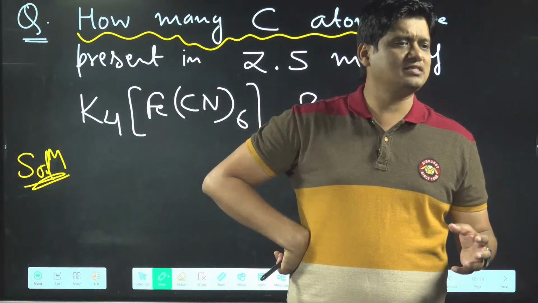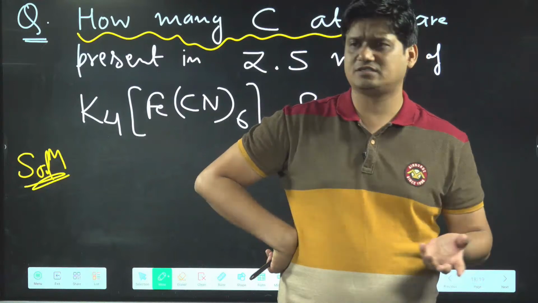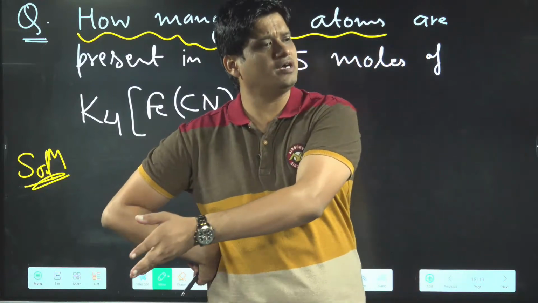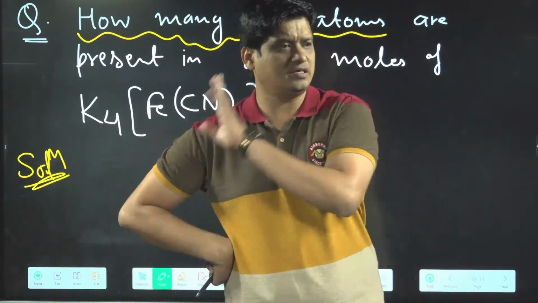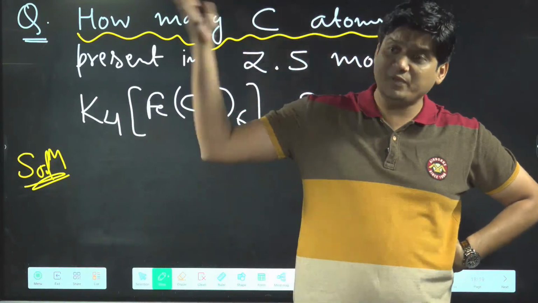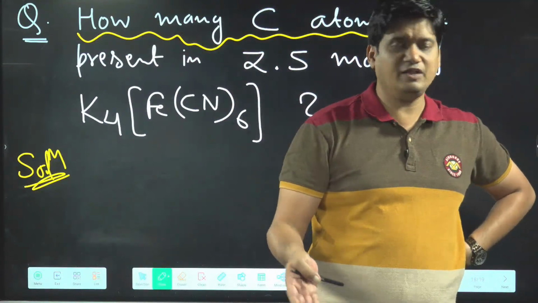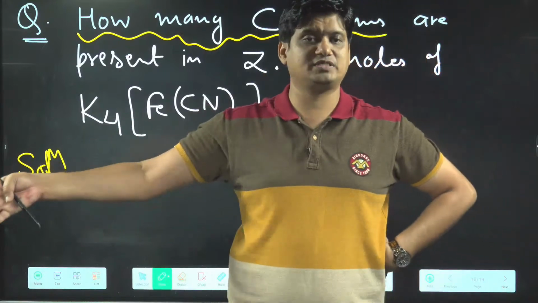If I want to ask about the population of our country, I'll ask in two ways. First, I'll ask like this: what is the population of our country? And I can say, how many people are present in our country? Am I right? If I'm saying how many people, it means I'm asking about the number, na? And if I want to ask mole, I'll say like this: how many moles are present?